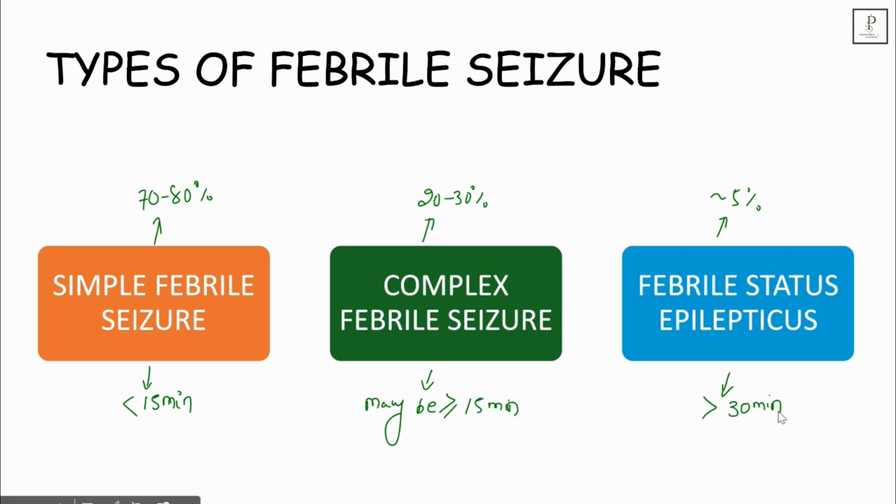So definition wise, you call it a febrile status when the seizure lasts for more than 30 minutes, or there are multiple seizures and the child does not regain consciousness in between. That is called febrile status epilepticus.